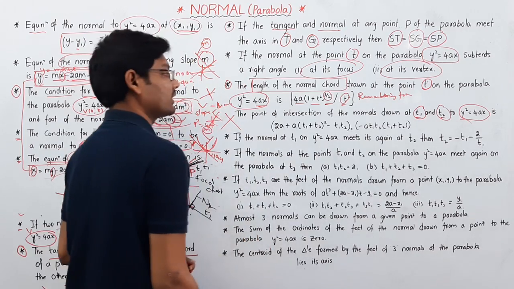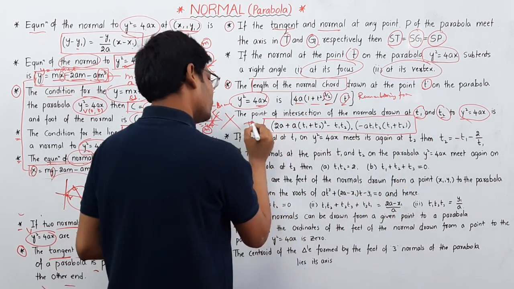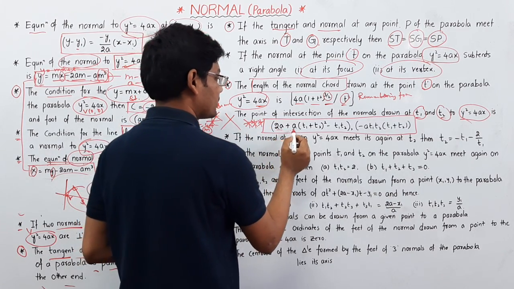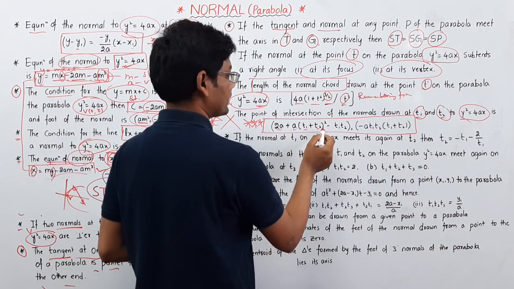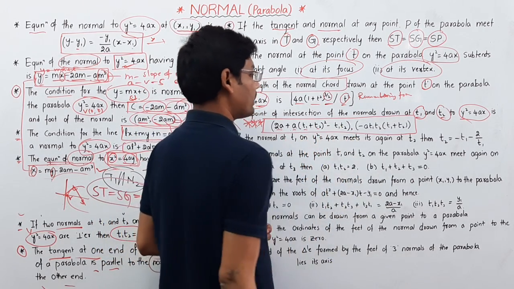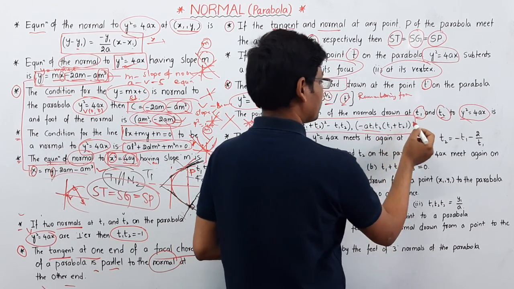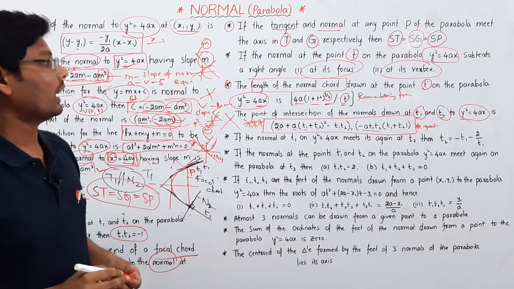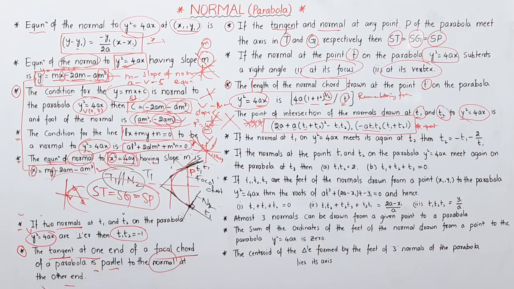Then this is the most important formula to remember to find the point of intersection: 2a plus a of (t1 plus t2) whole square minus t1 t2, comma, minus a t1 t2 bracket t1 plus t2. This is the most important formula to remember to find the point of intersection of normals here.